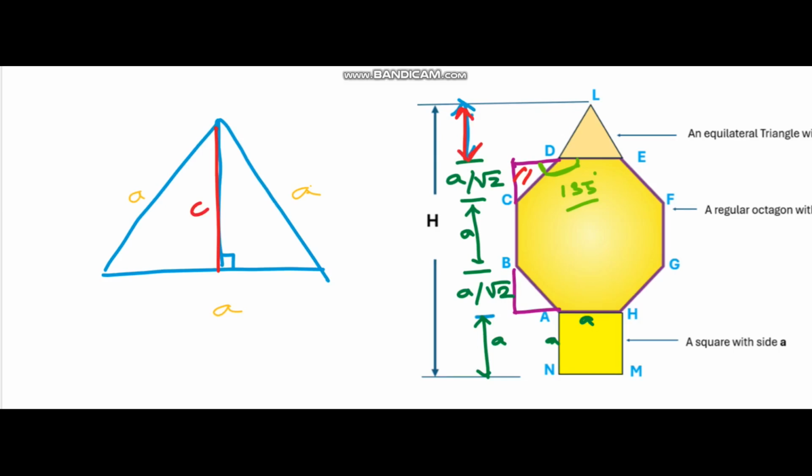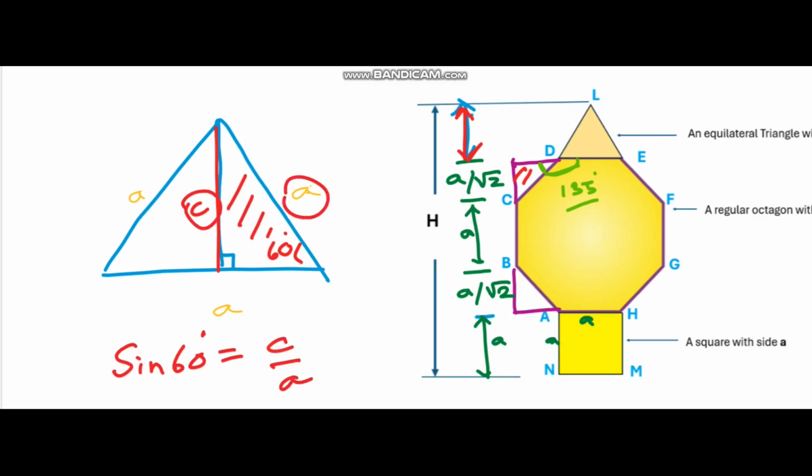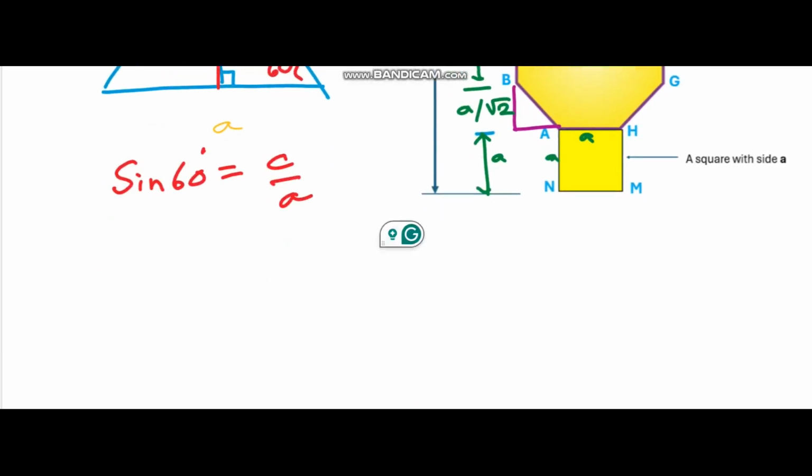This angle is 60 degrees because it's an equilateral triangle. So if I take sine 60 degrees in that right angle triangle, that is C over A. Now sine 60 degrees, you should remember, is root 3 over 2.